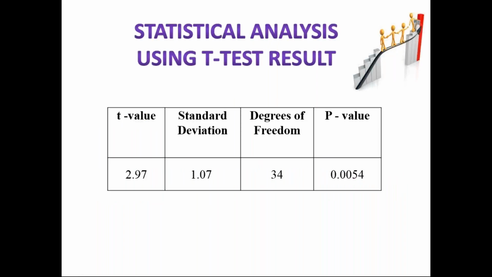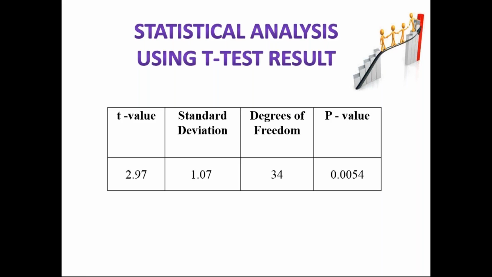Now, is only saying that enough? No, I need to show some statistical analysis for that. So the t-test has been carried out and the t-test results are shown here. The t-test shows the statistically significant difference between the control group and the experimental group. The t-test is used to determine if two sets of data are significantly different from each other or not.